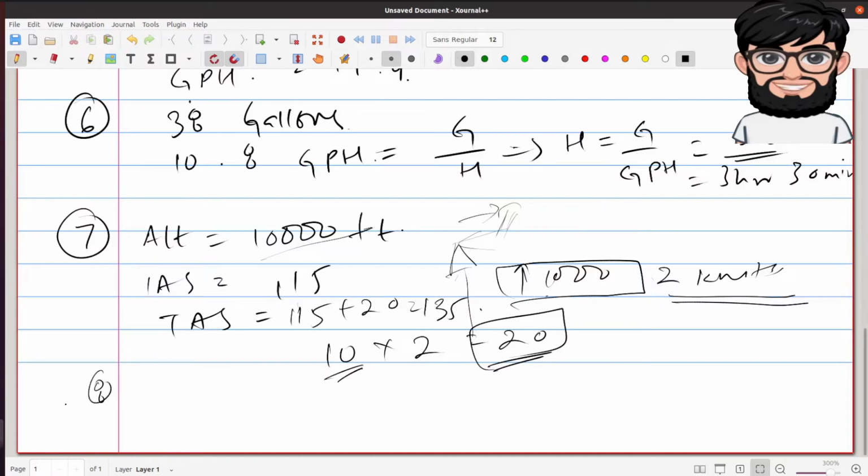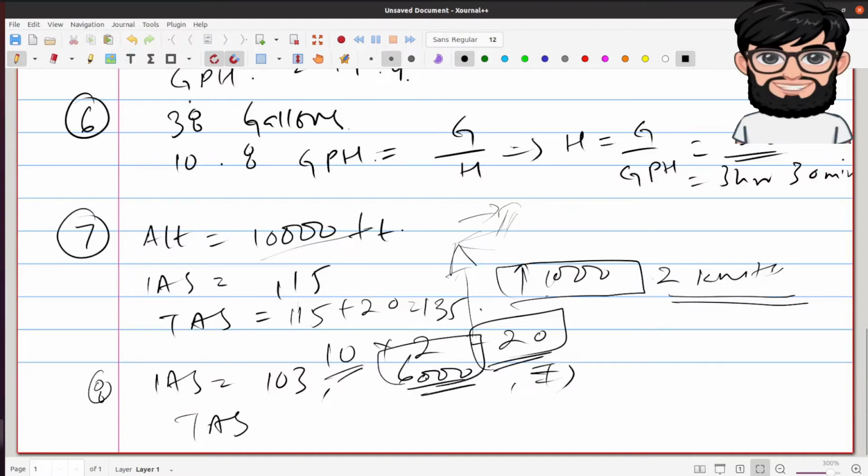Another one would be: the indicated airspeed is 103. The altitude is 6,000. So what would be the true airspeed? Again, the factor is going to be 6, because 6,000 divided by 1000, multiplied by 2.